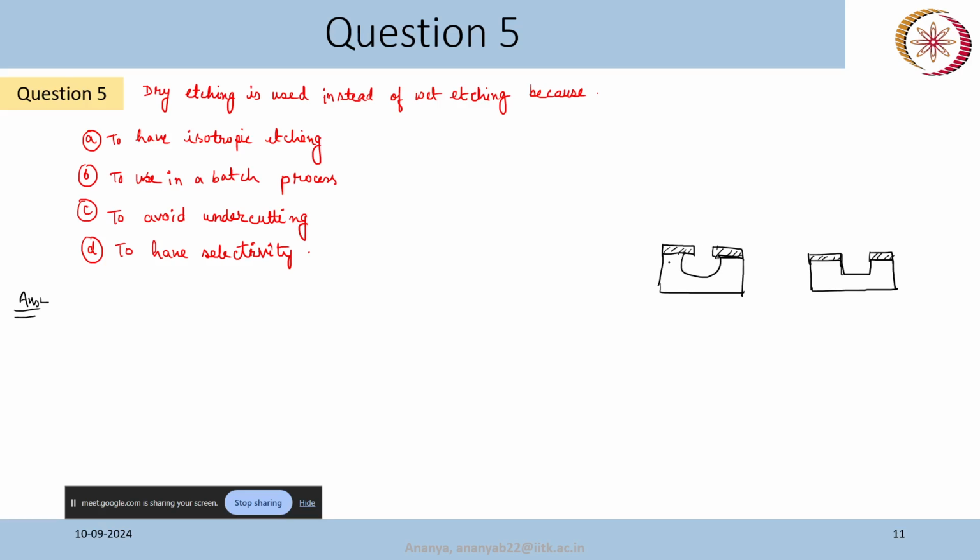In this case, in all the directions x, y, z, the etching is uniform, so this is known as isotropic etching. Uniform in all directions. And this is anisotropic etching.